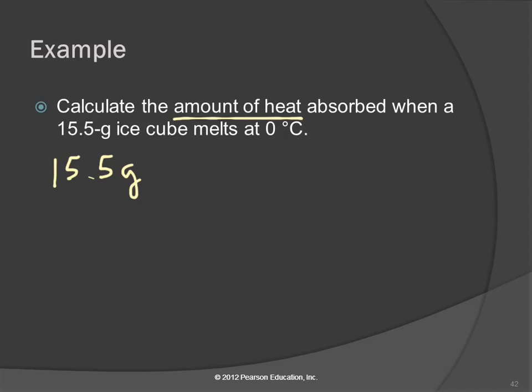There's really no equation to memorize for this. We just use dimensional analysis. We've got a mass of water, and we want to know heat, so that's going to be joules, kilojoules, something like that. We can't go directly there. We need to stop at moles, because the heat of fusion is in kilojoules per mole.